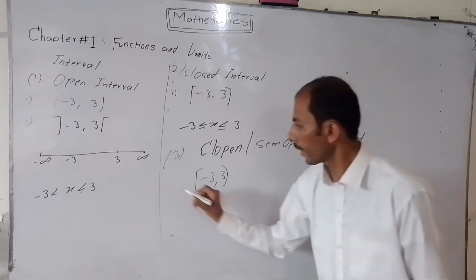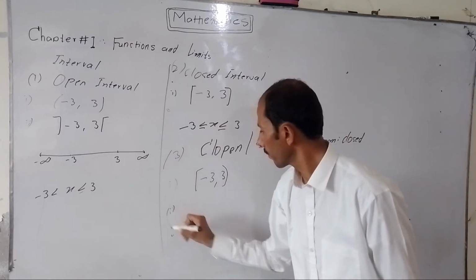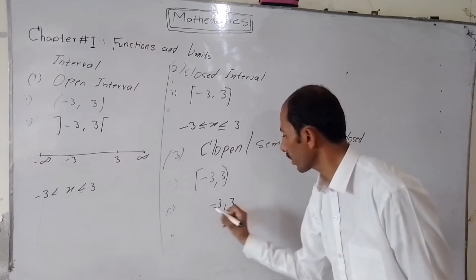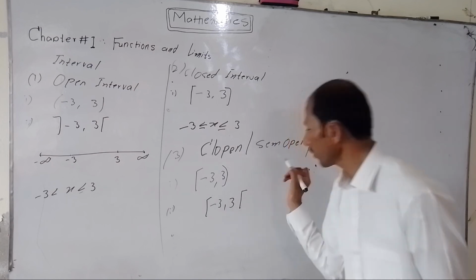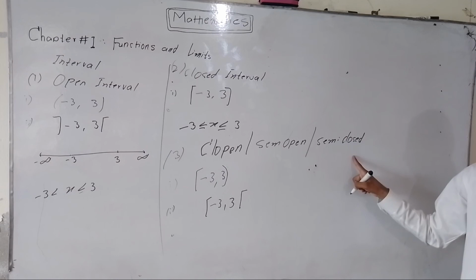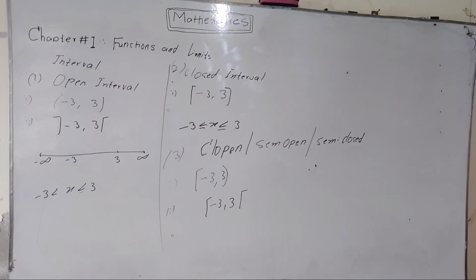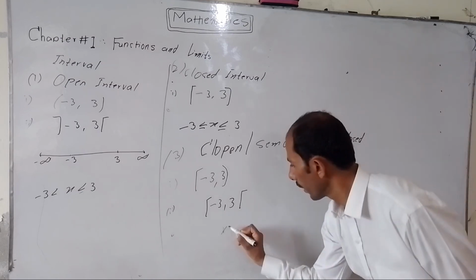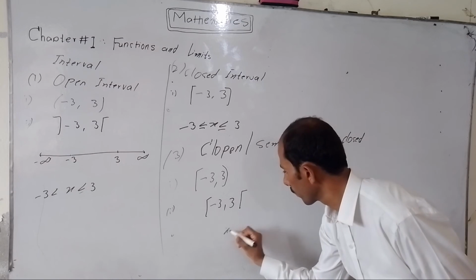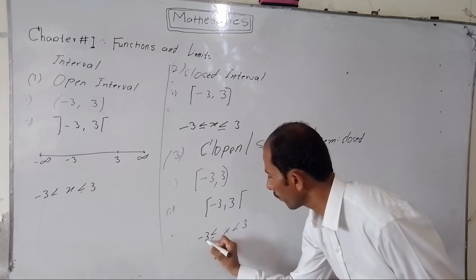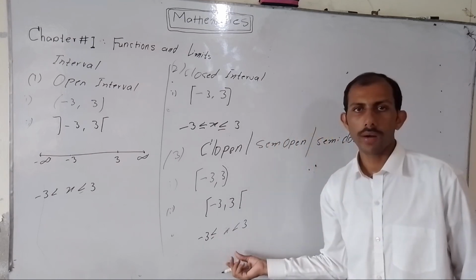Next, minus 3 to plus 3, this form is a clopen, semi-open or semi-closed. Next, dear students, x less than 3 and greater than or equal to minus 3 in interval form.